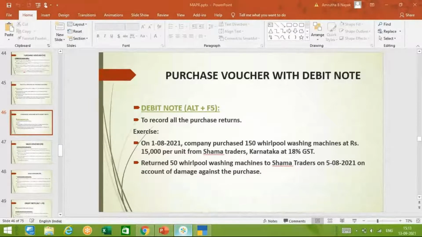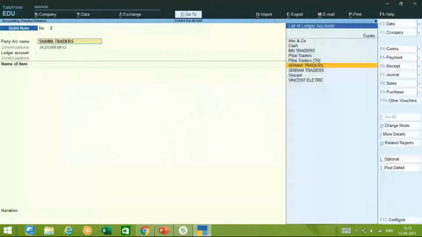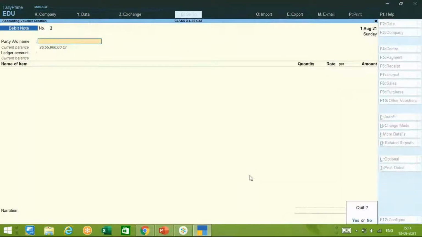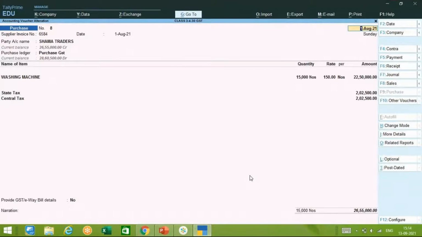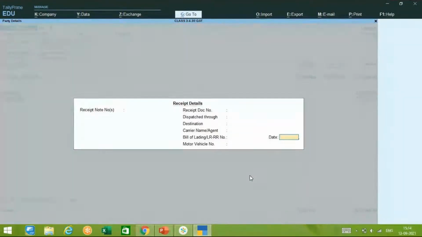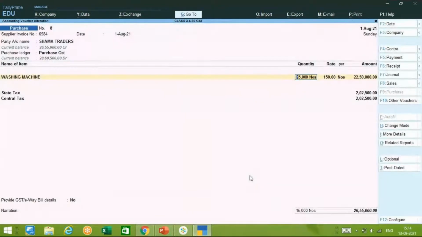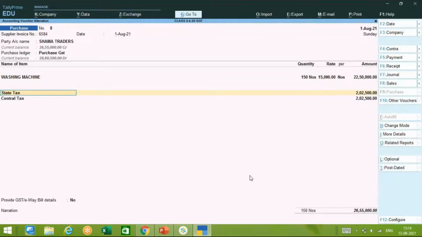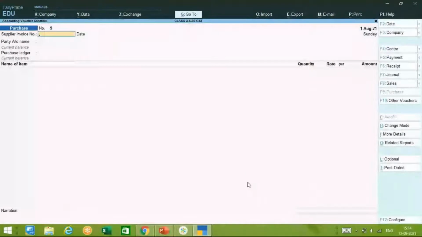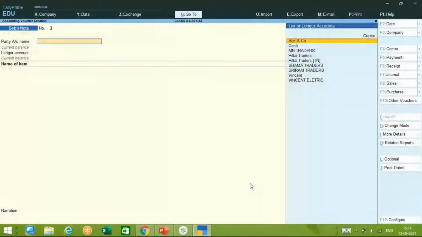Oh, I interchanged that. Correct. Yes, ma'am. Shama Traders.